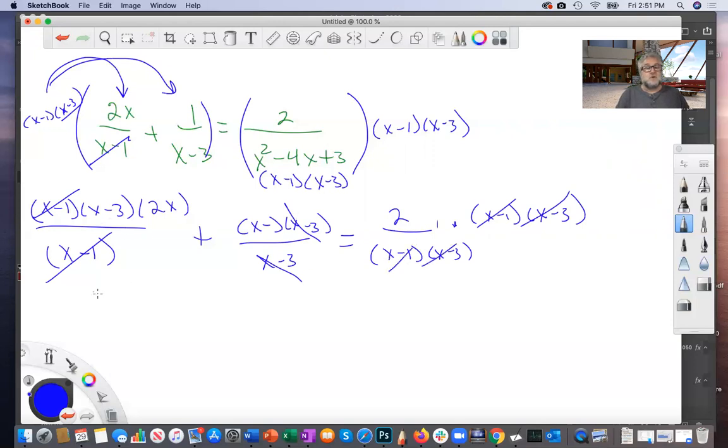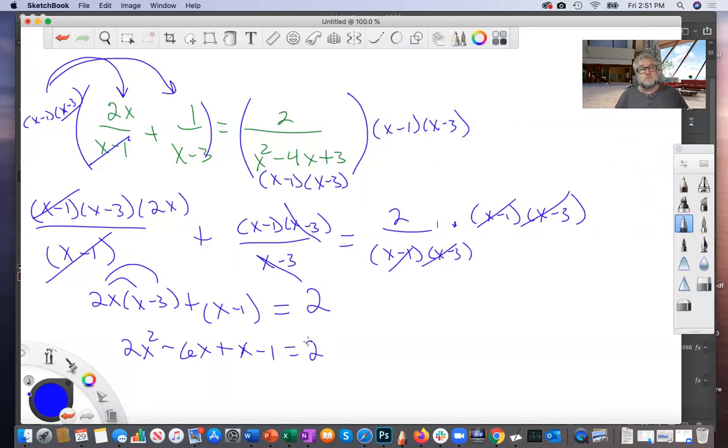So we end up with 2x times x minus 3 plus, that's an x minus 1, right? Yep. Equals, cancel, cancel, cancel, cancel, 2. Now we got to multiply. 2x squared minus 6x plus x minus 1 equals 2.